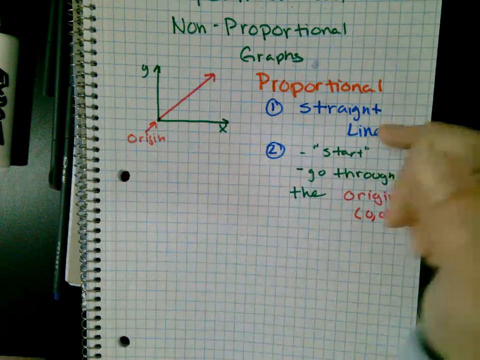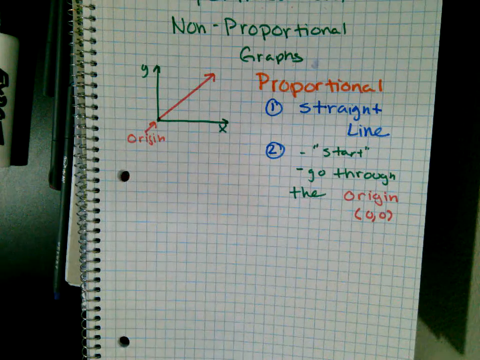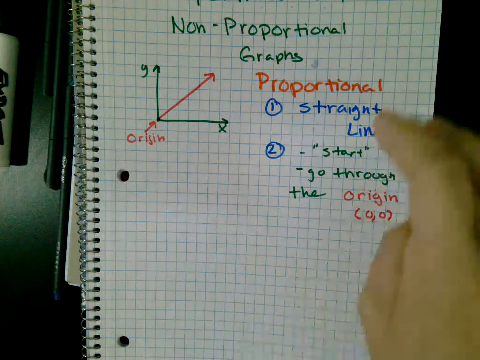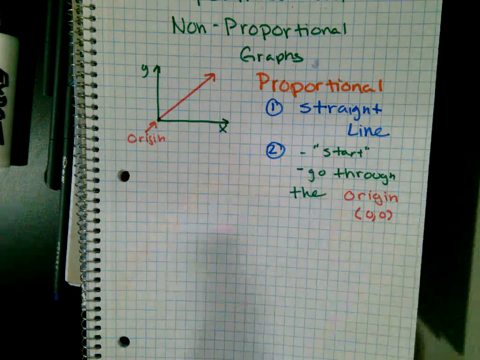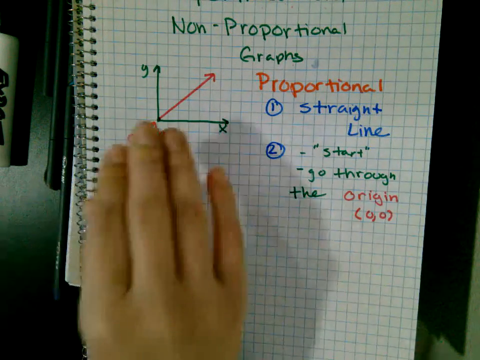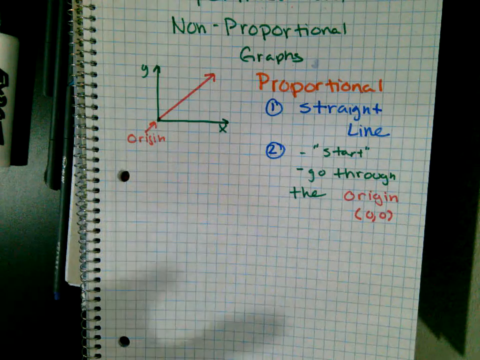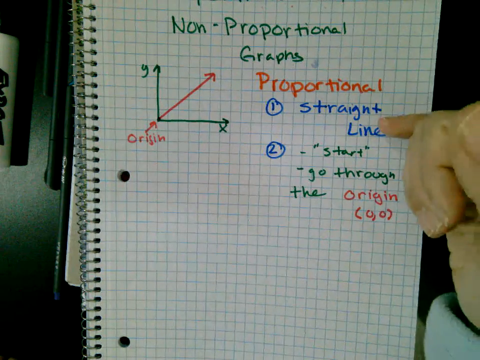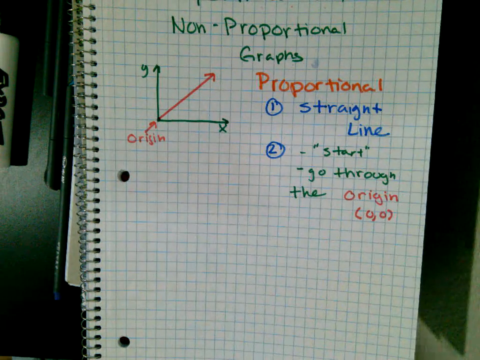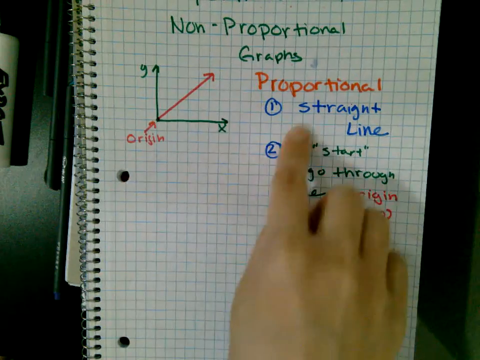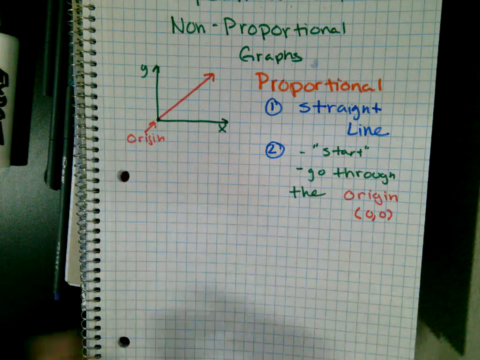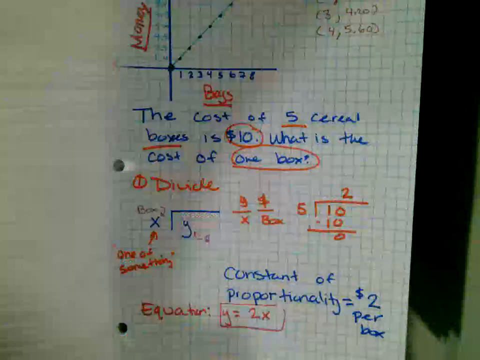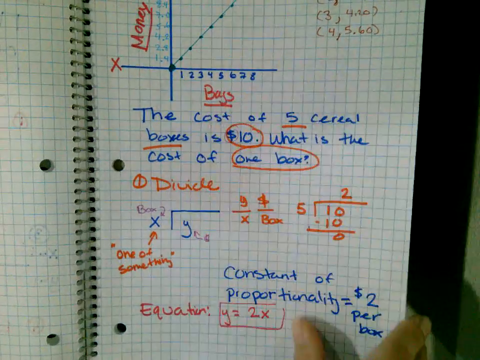So these two things must happen in order for your graph to be proportional, okay? If one of these is not true, then it's not proportional, okay? Proportional graphs are really special. They're special because they meet these two criteria. They're a straight line and they go through the origin, okay? So, yay, this makes it proportional. If you look back right now on your notes, you will notice they all start at the origin and they're a straight line.